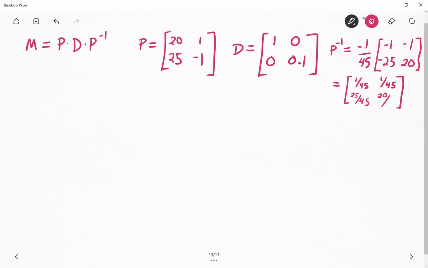And 20 over 45. And reducing these fractions to make our lives easier. 1 over 45, 1 over 45. 25 and 45 are both divisible by 5. That's 5/9 and 4/9.